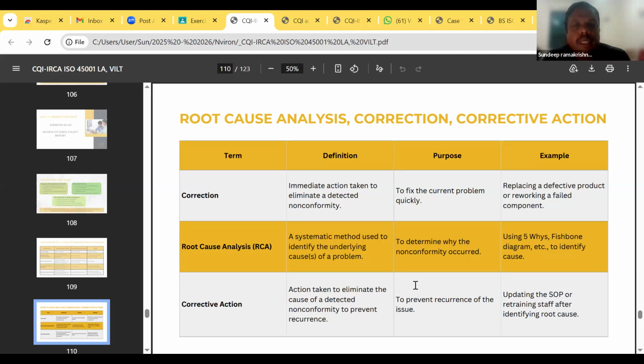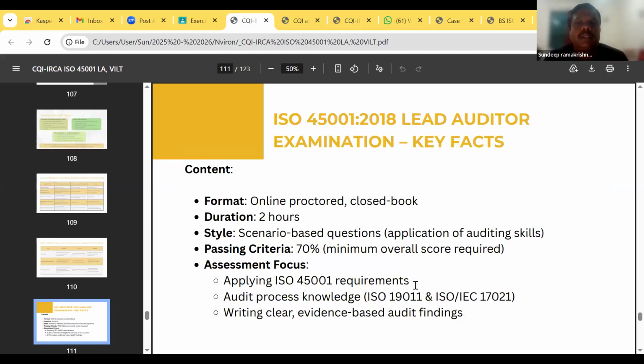Then if you take action to eliminate that root cause, it will prevent reoccurrence of the problem, right? So corrective action is the action taken to eliminate the cause of a detected nonconformity to prevent reoccurrence, right? It can include updating your operating procedures, retraining staff after identifying the root cause, right?